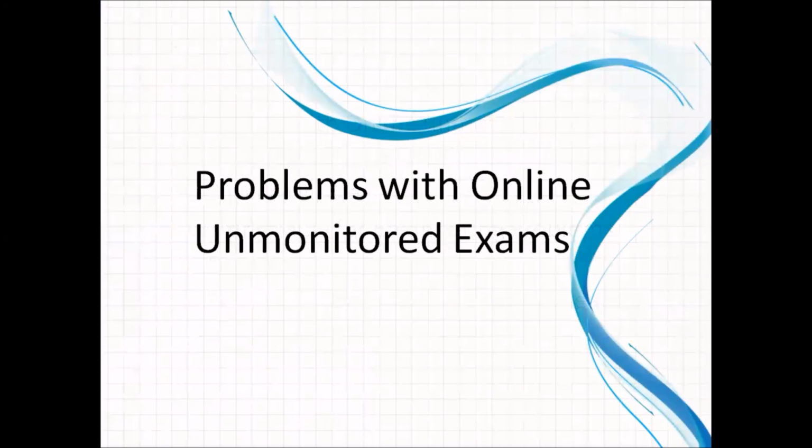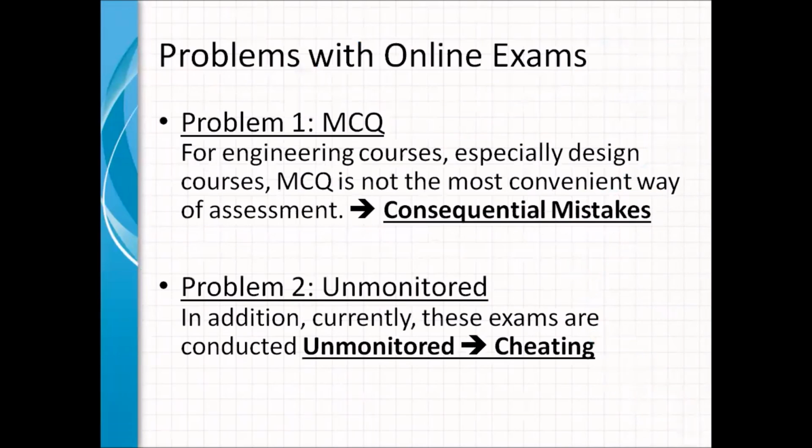First, let's discuss in the beginning the problem with online unmonitored exams. Problem number one, these are MCQs. For engineering courses, it's difficult, especially for those courses that are dealing with design, to evaluate students' performance or learning outcome based on MCQ.